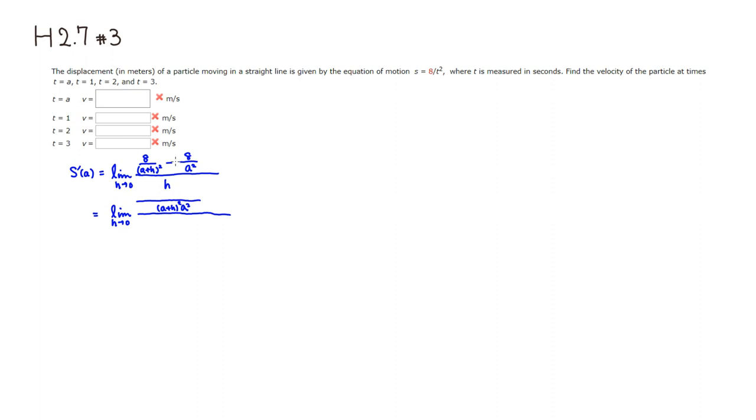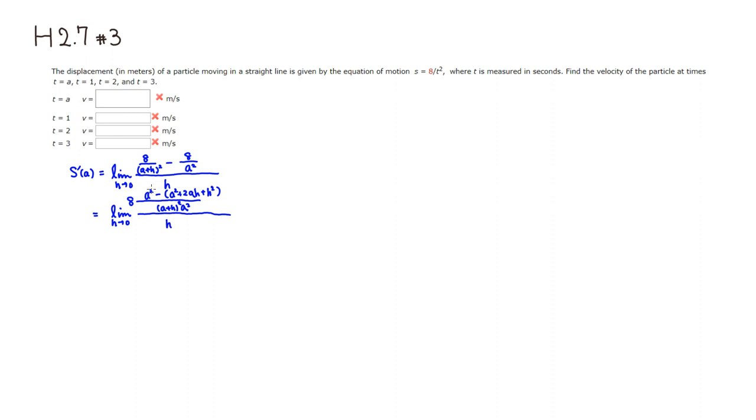Actually, I'm going to pull out the 8, so this is going to be 1 times a squared, minus 1 times a plus h squared. So I'm going to multiply out a squared plus 2ah plus h squared, and then all over h.